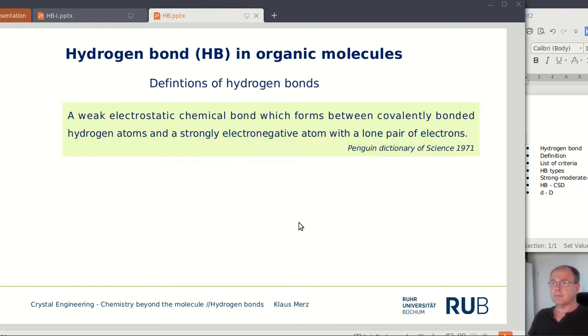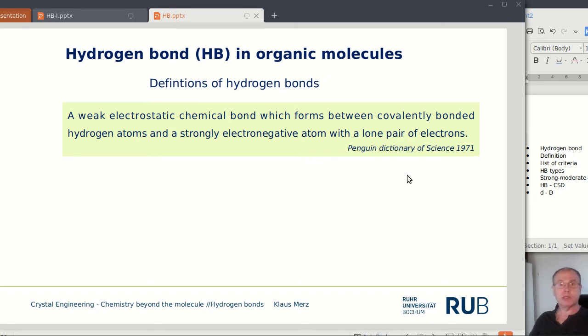Well, in the introduction I said let's talk about the definition. What are hydrogen bonds? If you look in an older dictionary, you will find something like this. No? This dictionary is from 1971. And you see a weak electrostatic chemical bond which forms between covalently bonded hydrogen atoms and strongly electronegative atoms with a lone pair of electrons.